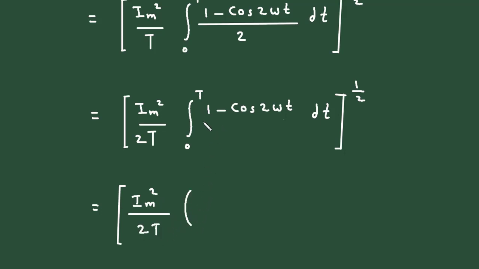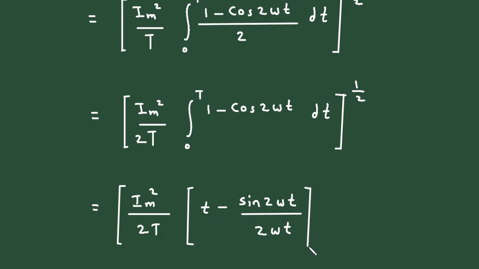Now integration of 1 will be T. Then minus integration of cos 2 omega t will be sin 2 omega t divided by 2 omega, and its limit will be from 0 to T, and whole power will be 1 by 2.